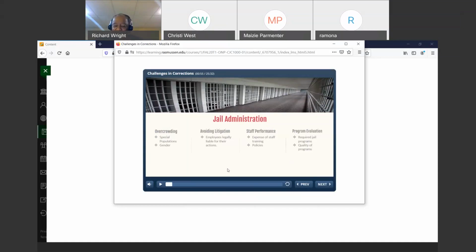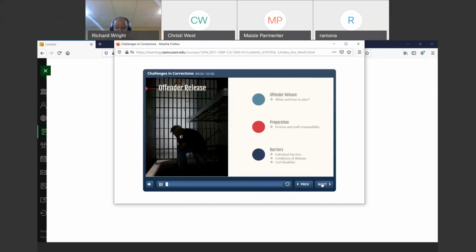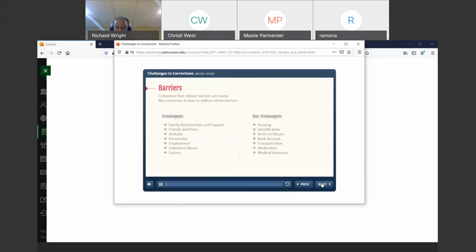There are other team members, like psychologists, psychiatrists, doctors, and others, who help determine the adequate programs. Then prison administration, and you go through that. And then offender release, preparation, barriers. I'm not going over all of these things.